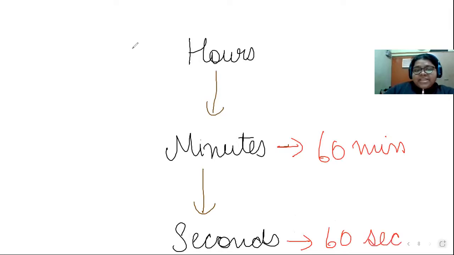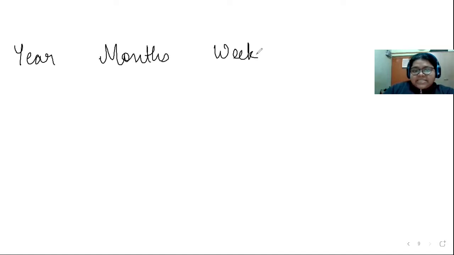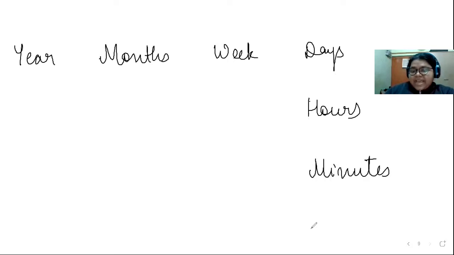So like this, if we write the order in decreasing order, we have year, then months, then weeks, then days, then hours, then minutes, then seconds.